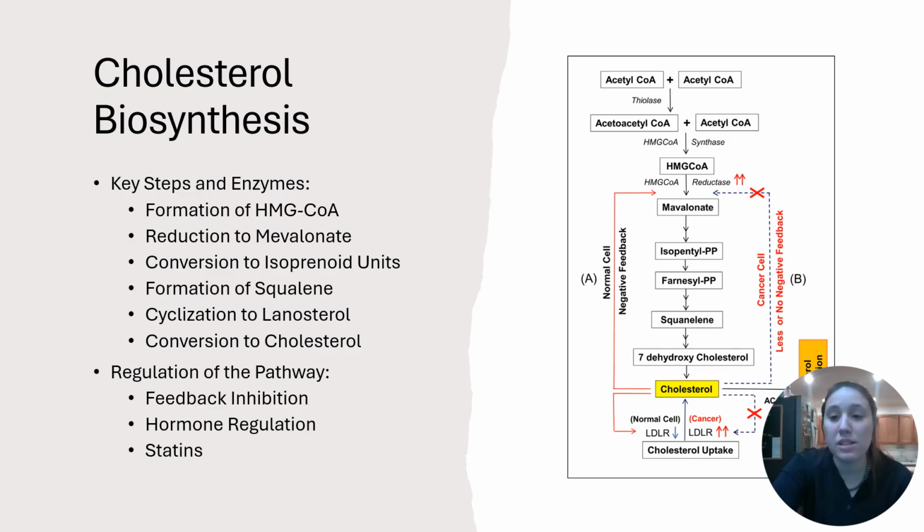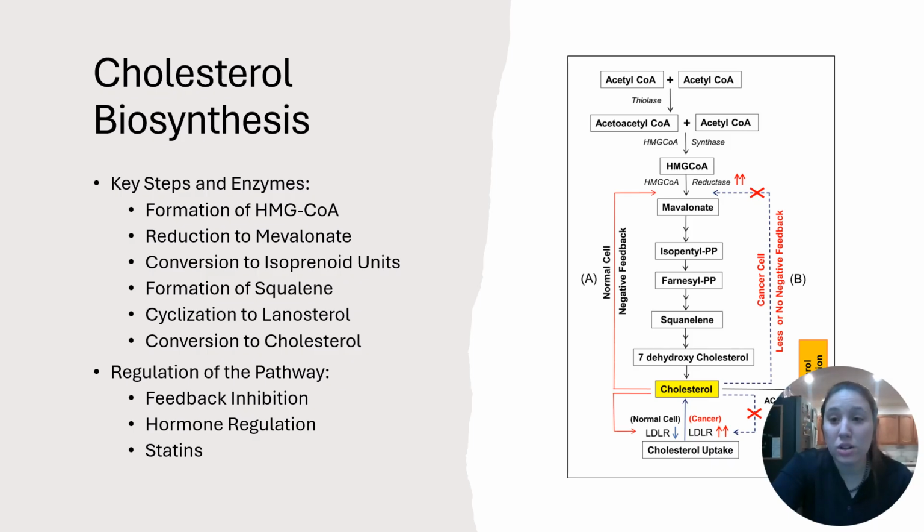IPP isomerizes to dimethylallyl pyrophosphate, also known as DMAPP, and these isoprenoid units undergo a series of condensations to form geranyl pyrophosphate, or GPP, and farnesyl pyrophosphate, or FPP, and then finally squalene. The enzymes in this pathway are isopentenyl pyrophosphate isomerase, and then geranyl transferase and squalene synthase.